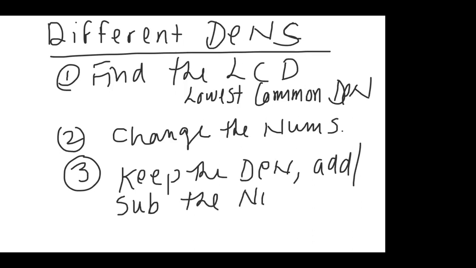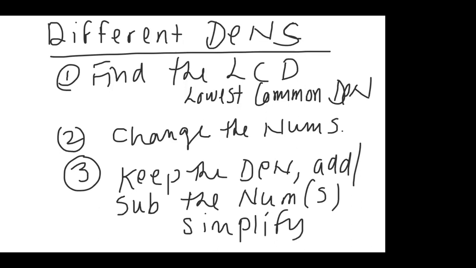Don't forget, guys, you have to simplify if possible. Sometimes you can and sometimes you can't. But for My Math Lab, guys, you are expected to simplify if possible. You don't even have to be told to simplify. It's just the expectation. You have to simplify the fractions.